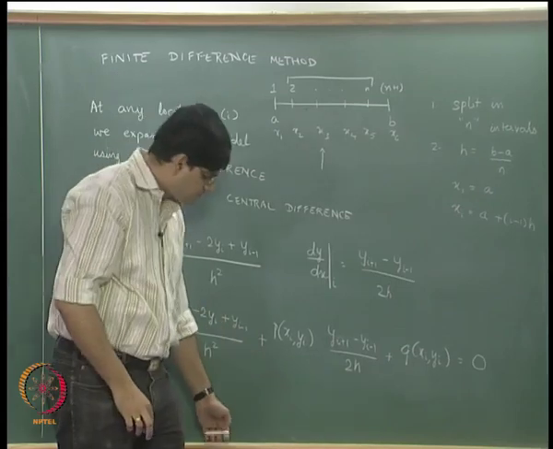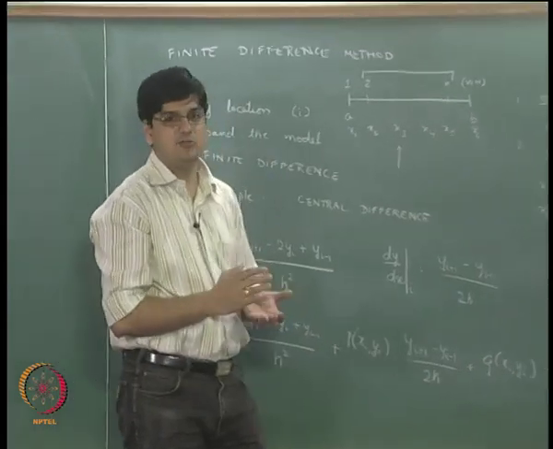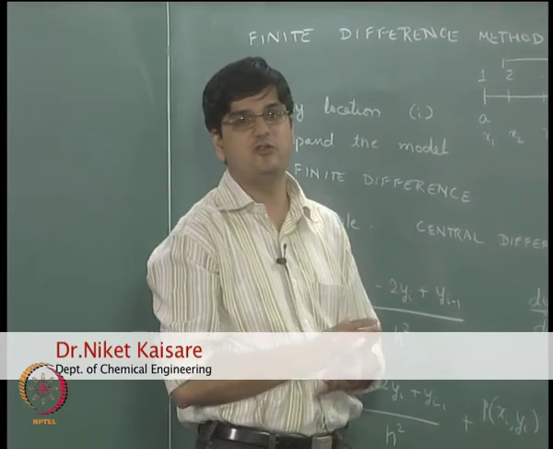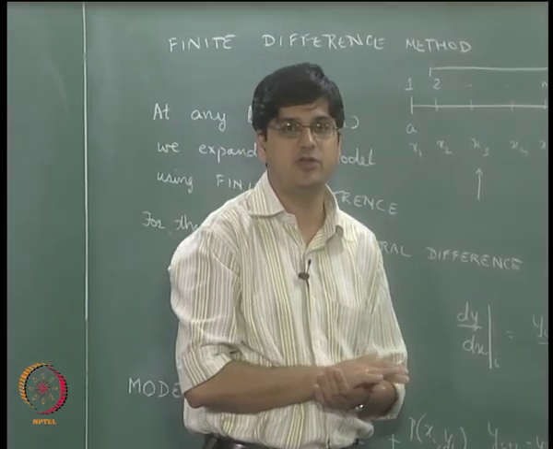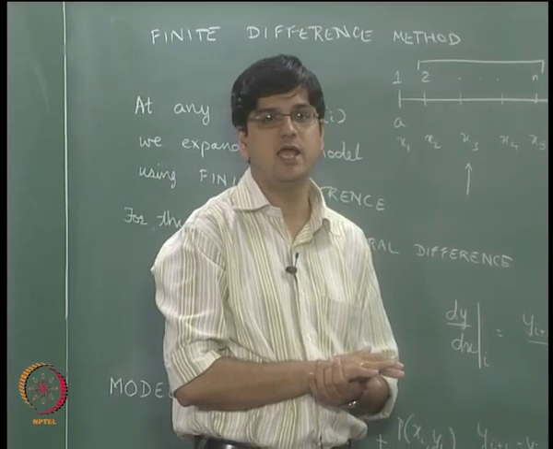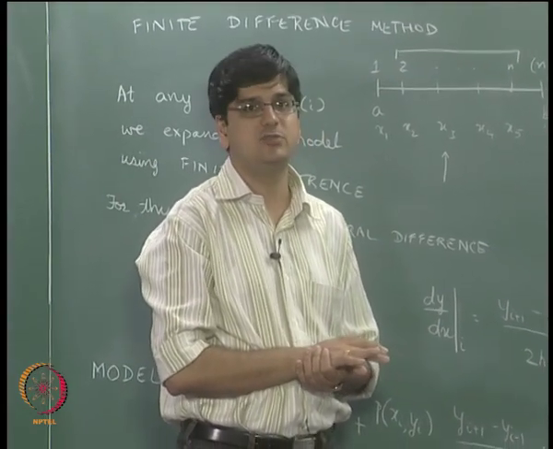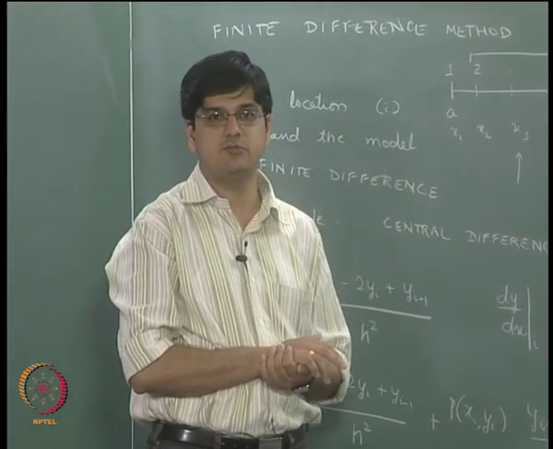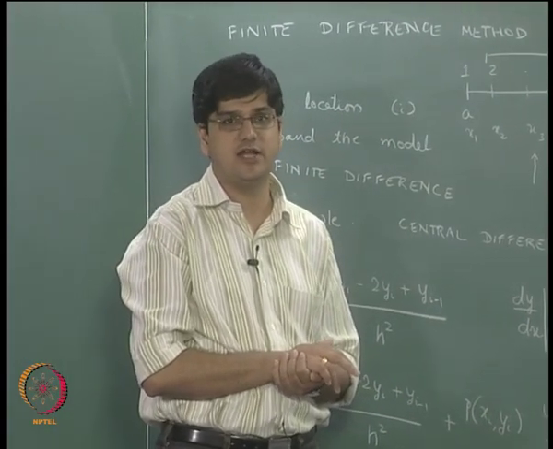Okay. So, with this I come to the end of this particular lecture of this module. What we have covered so far is an overview of boundary value problems and a discussion of two methods to solve ODE boundary value problems. The first one is the shooting method and the second one is the finite difference method.